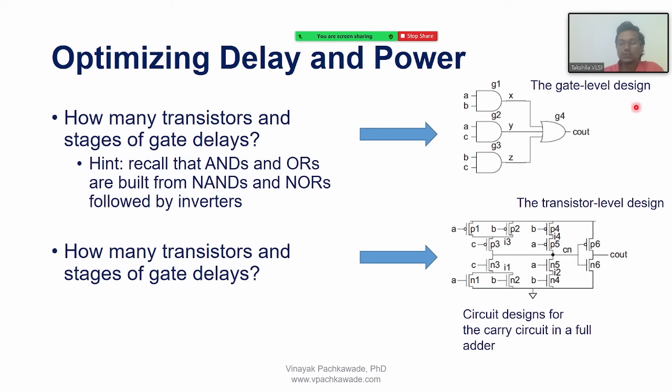So the first is the gate level design. Can anybody tell me, this is the gate level logic? We have to estimate how many transistors will be required and how many stages of the gate delays in this particular gate level design. Hint for you is here.